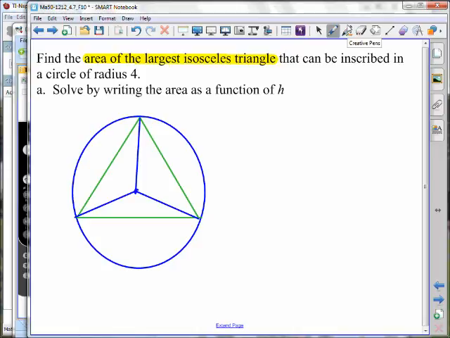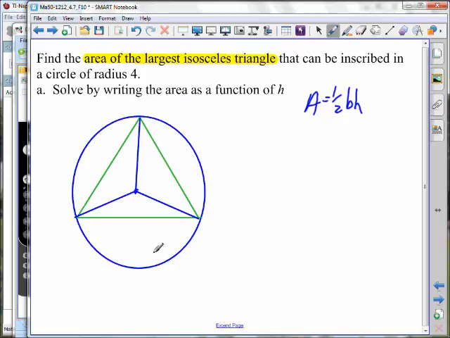So what am I trying to maximize? Area of a triangle. Yeah, okay. So all I need is a formula for the area of a triangle. So if I know that, and we do, it's 1/2 base times height. And it says write area as a function of h.